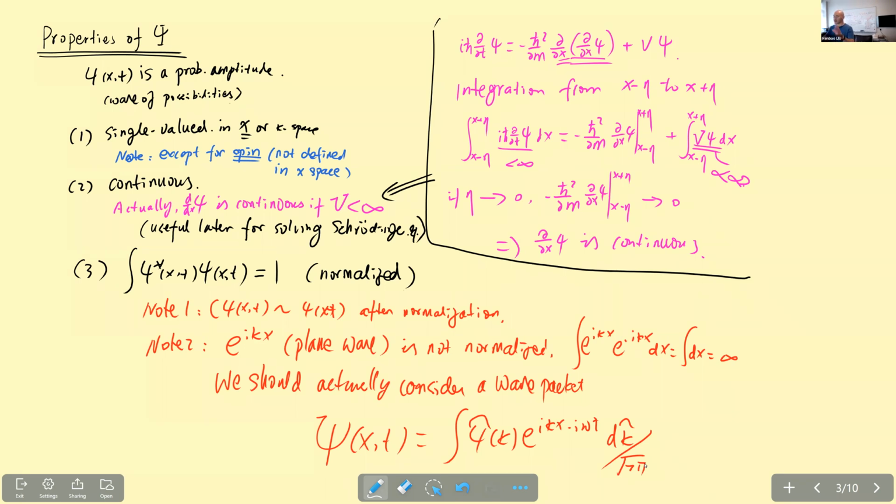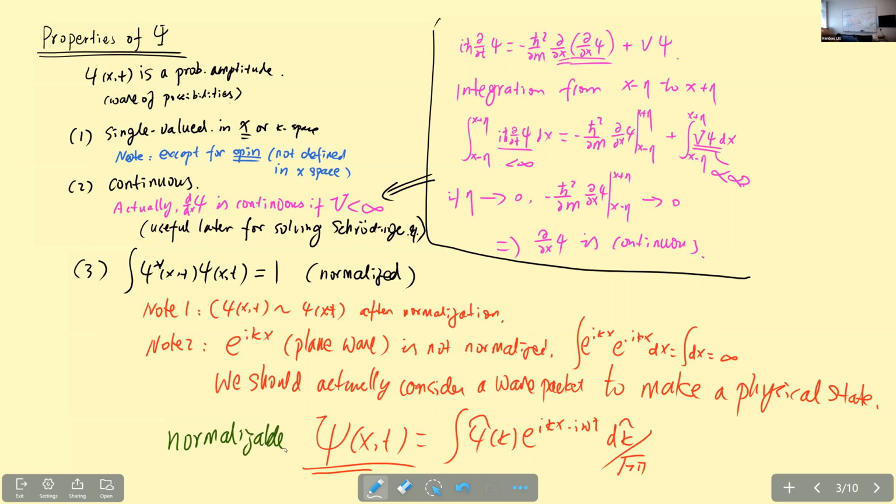So instead of considering a single plane wave, physically we needed to consider a superposition of many of these kinds of plane waves to make a physical state. And this one is now normalizable.